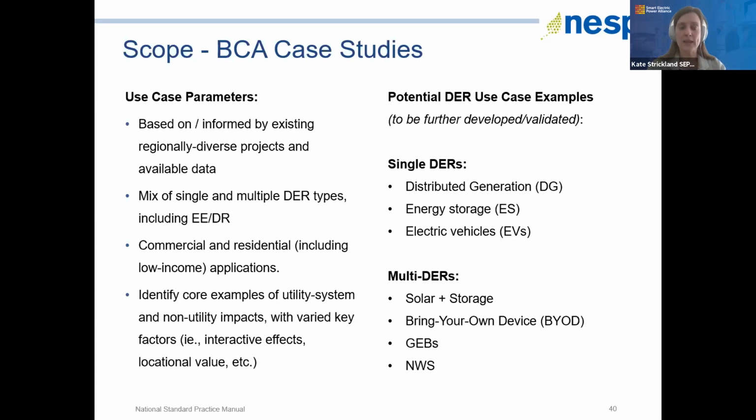Certainly, case studies could include commercial and residential applications, as well as a low income focus. And then really, a goal is to identify core examples of utility system and non-utility impacts with varied key factors.